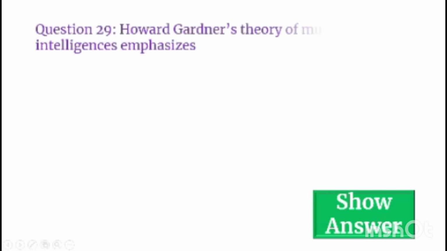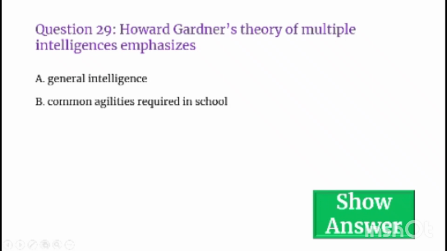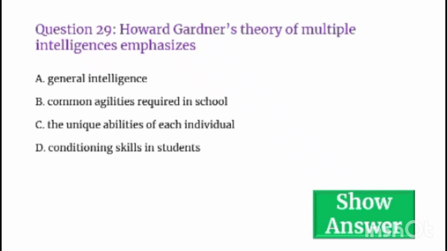The next, 29. Howard Gardner's theory of multiple intelligences emphasizes which? A. General intelligence, B. Common abilities required in school, C. The unique abilities of each individual, D. Conditioning skill in students.